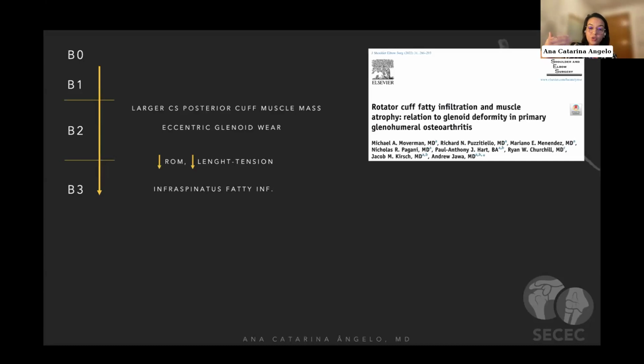And this would eventually lead to a diminished range of motion and diminished length and tension of the posterior cuff. And what we know also is that B3 glenoids are associated with a higher degree of fatty infiltration of the infraspinatus, and this can be due to the decreased length tension given by the eccentric posterior glenoid wear.